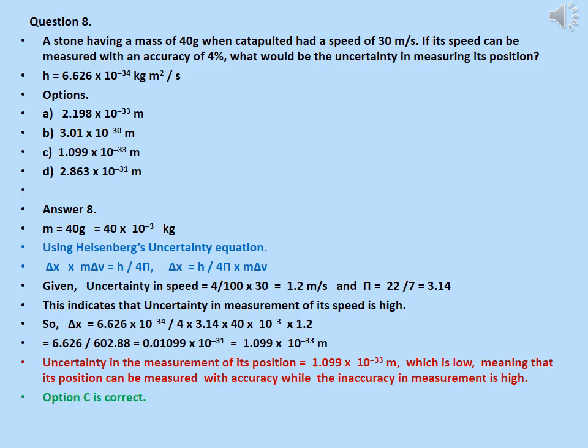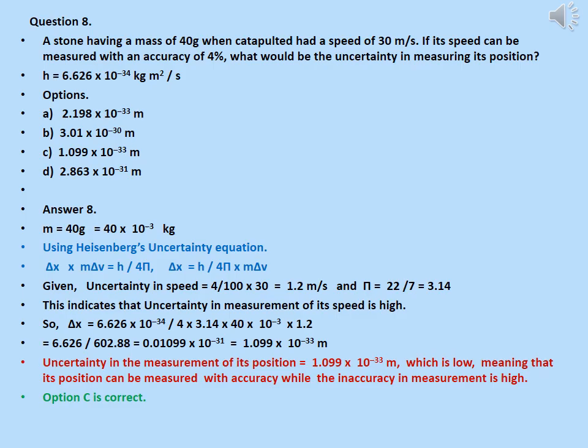Now, in this case, the uncertainty in speed is 4% of 30, that is 4/100 × 30, or 1.2 meter per second. The value 1.2 meter per second for Δv indicates that it is a high value. The uncertainty is large.